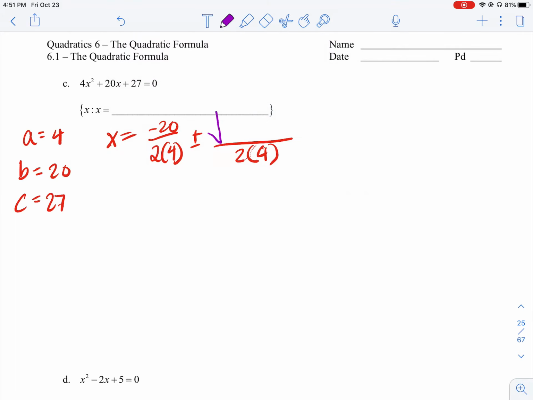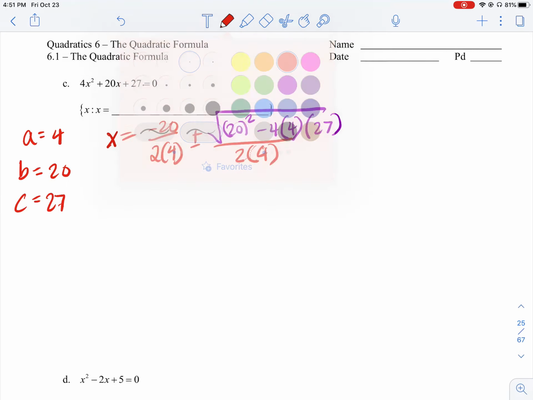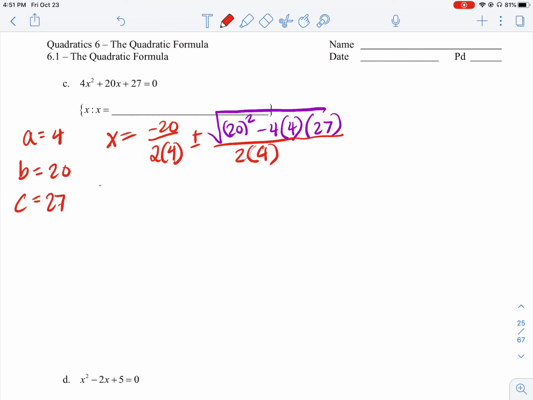And then square root of B squared, 20 squared, a big number, minus 4 times A times C, 27. And so I have x equals negative 20 over 8 plus and minus 8. Whatever I have on the right, I have on the left.